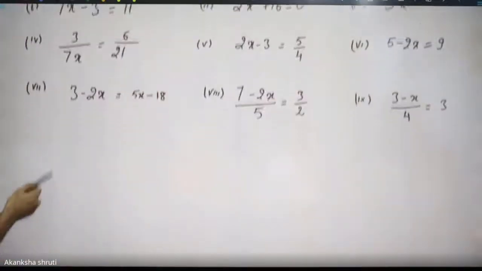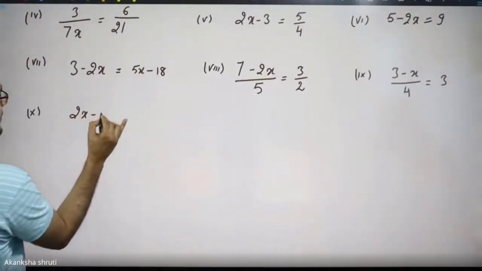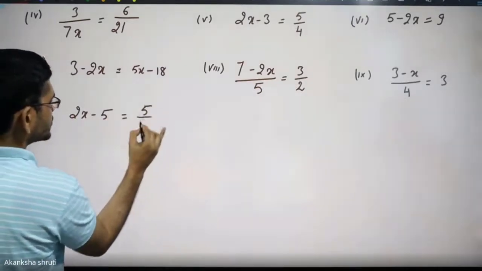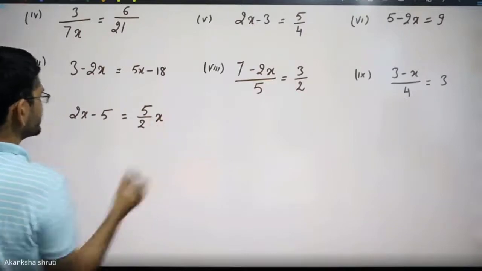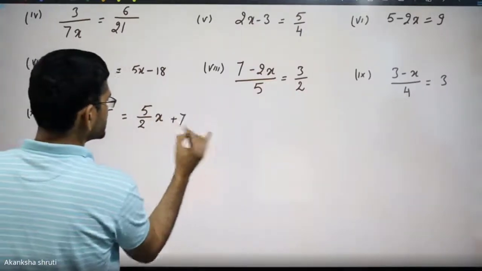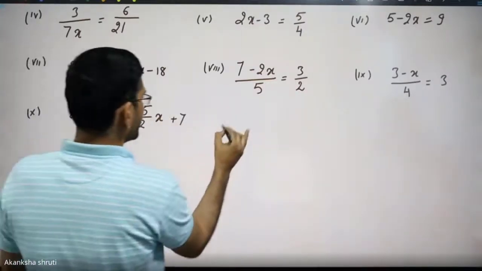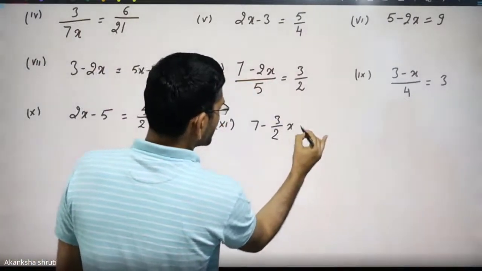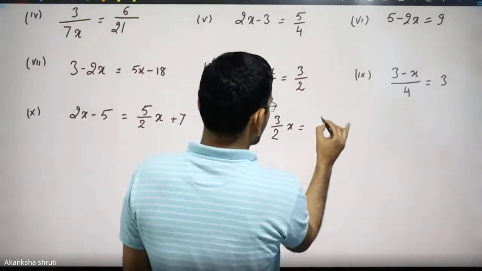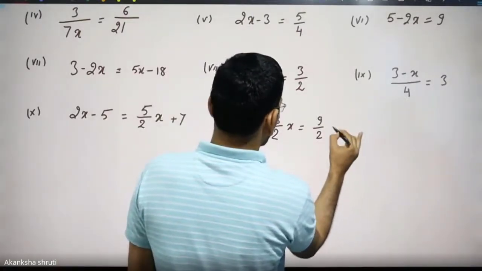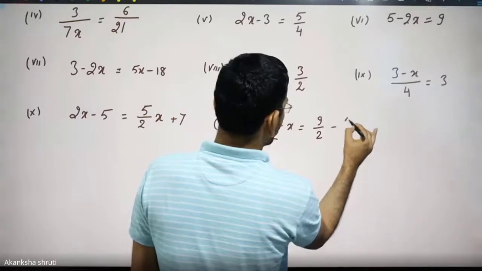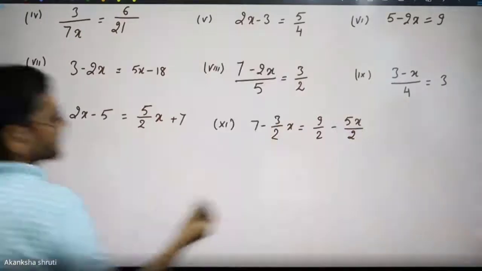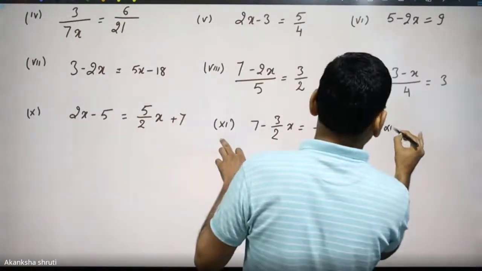The next one, 2x minus 5 is equal to 5 by 2 x plus 7. The 11th one, 7 minus 3 by 2x is equal to 9 by 2 minus 5x by 2. Let us write the 12th here.